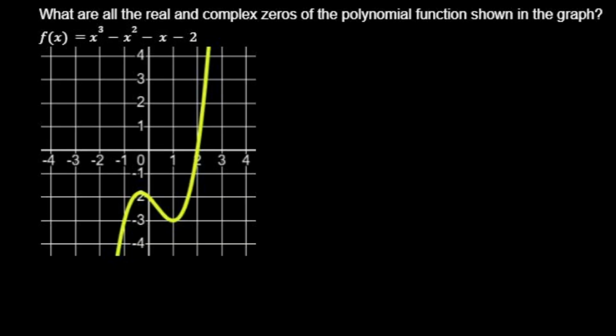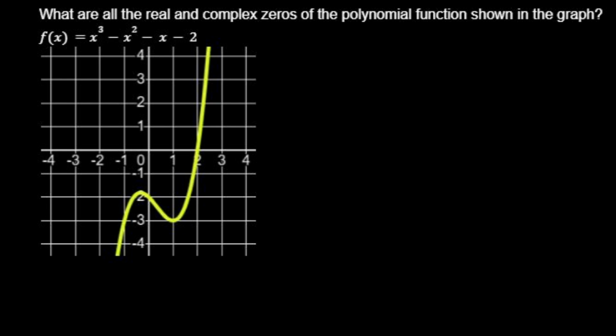Okay, in this example, we are asked what are all the real and complex zeros of the polynomial function shown in the graph below. Before I start actually doing this, I'm going to analyze my equation real quick. You'll notice this function's highest exponent is 3, making it a third degree polynomial.